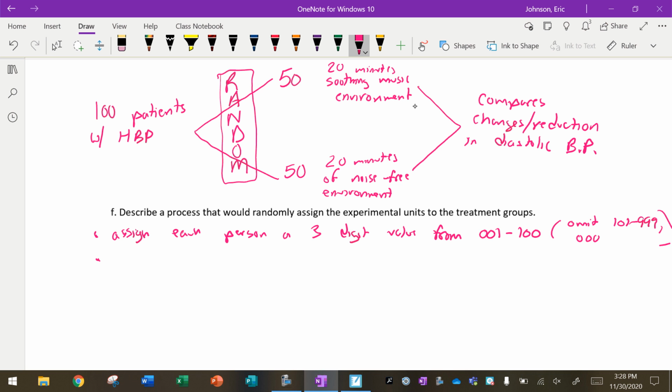Then we're going to select 50 unique 3-digit values between 001 and 100.